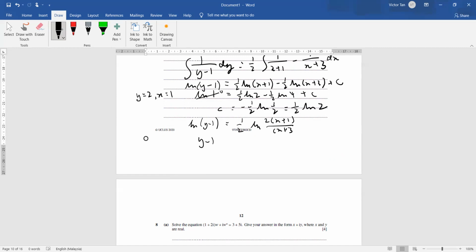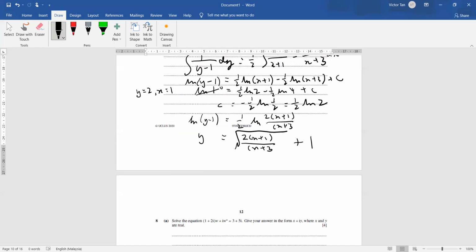So y minus 1 equals, bring the half up, it becomes power of half, so it will be a square root, of 2 times x plus 1 over x plus 3. And to save some space, that's it. You have the solution.